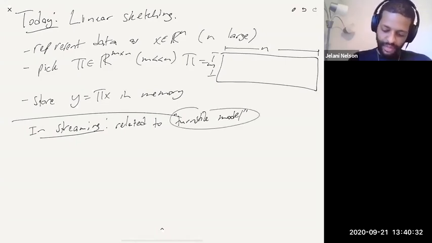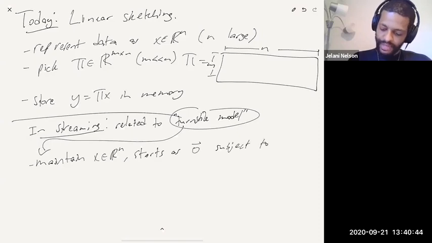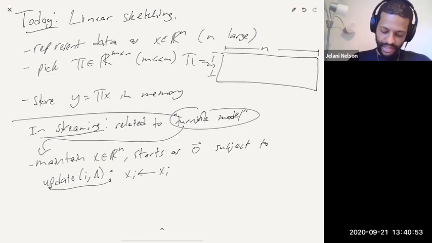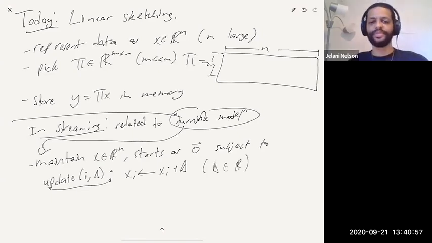In the turnstile model, basically, you must maintain this vector x, which starts as the 0 vector, subject to updates of the following form. Update (i, delta) makes the change x_i gets incremented by delta, where delta, say, is some real number.